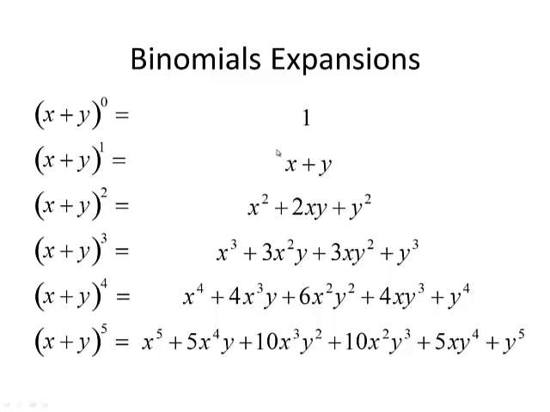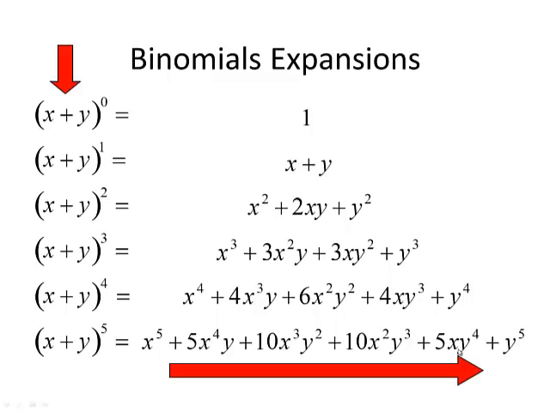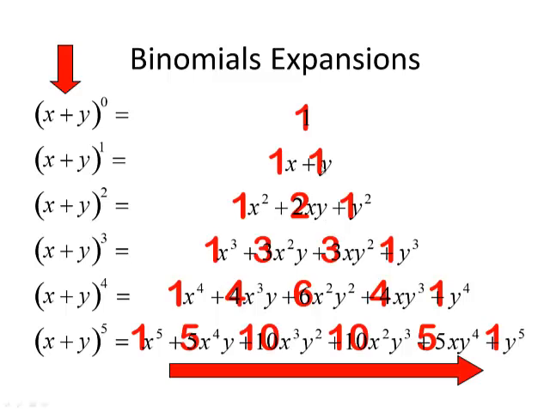If you're looking at just the number in front of the variables, like 1 and 1, 1, 2, 1, 1, 3, 3, 1, 1, 4, 6, 4, 1, 1, 5, 10, 10, 5, 1, you notice that those are numbers in the Pascal's triangle.